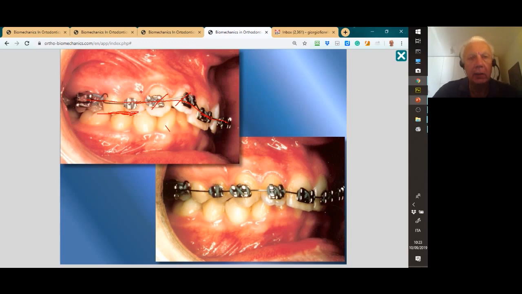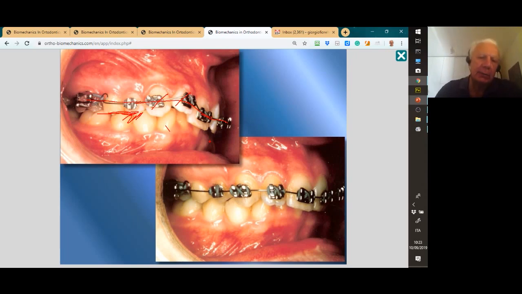In this way, all extrusive forces will be partly resisted. The problem is that we have a lot of moments, and you will see that this is not an ideal thing. It's not really what I would do. But just to give you an idea that you might have some resistance from occlusion here, and in this case there's no possibility. So we see that using a continuous arch wire, we don't get exactly what we wanted.